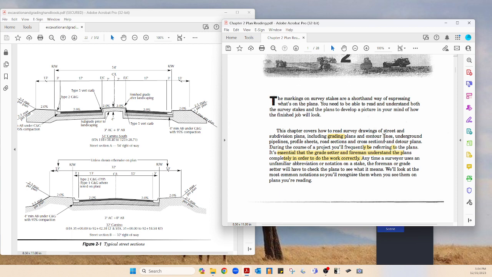We'll cover grading plans, contour lines, underground pipelines, not much of that, profile sheets galore, plan sheets galore. We'll be looking at a few of those during this week's lesson. Cross sections, you'll see those. And there's a really detailed detour plan toward the end of the chapter.